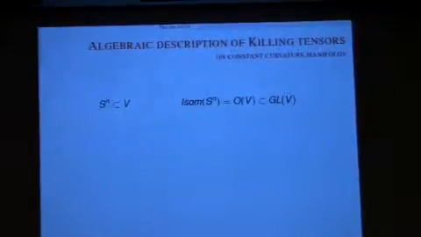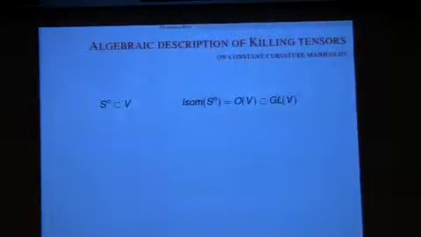Okay, now if we regard the isometric embedding of the sphere into a Euclidean vector space, then the isometry group is just the orthogonal group, which is a subgroup of the general linear group of the ambient space.